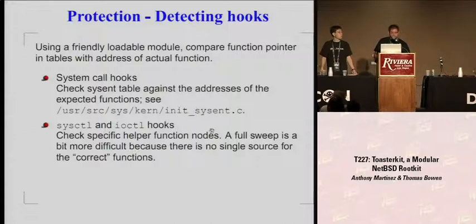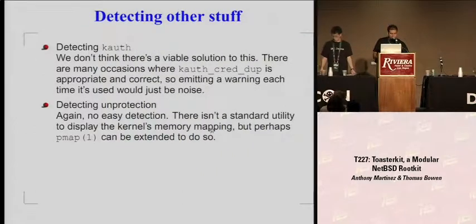So detecting KAuth is pretty difficult because what we did with KAuth is it's just doing a simple duplicate function that many other kernel functions use. An example is fork uses it very often. And we're not doing anything special with it. We're just basically calling it as if we were calling it normally.